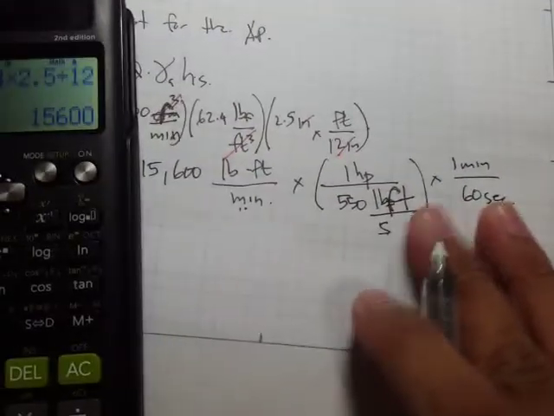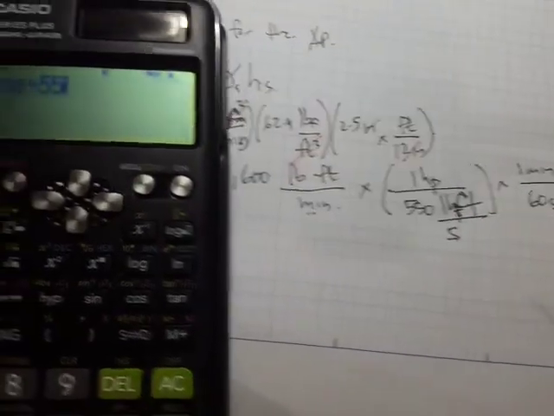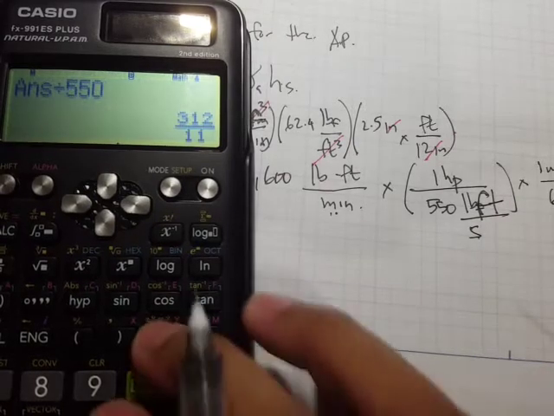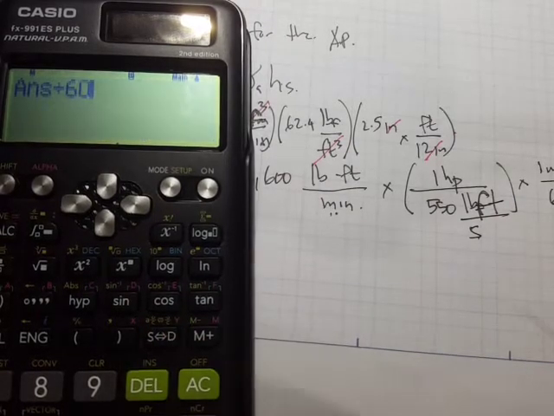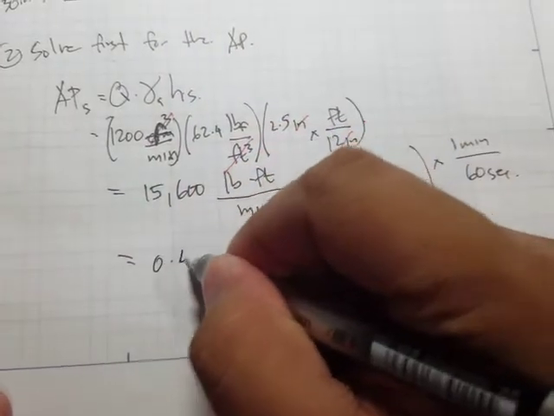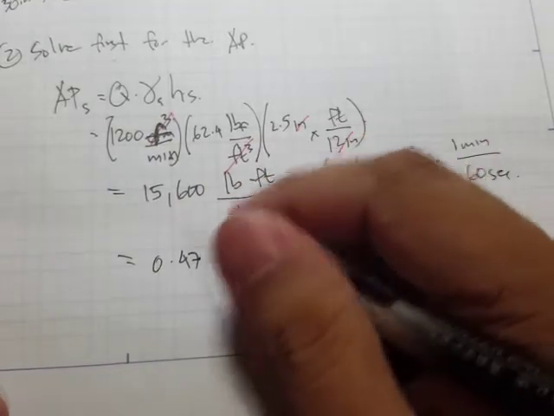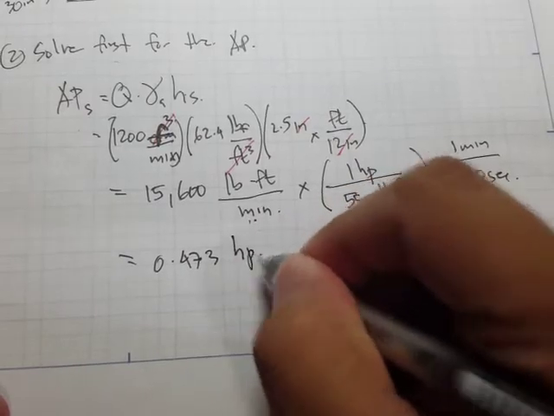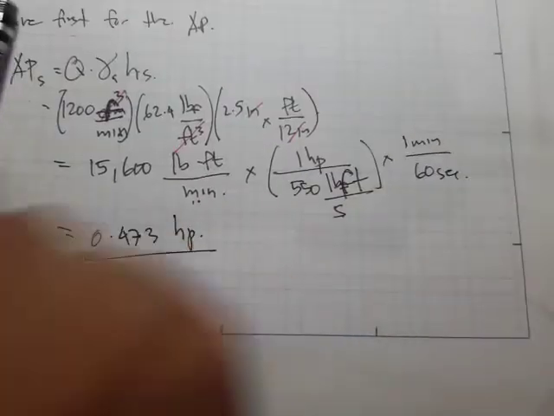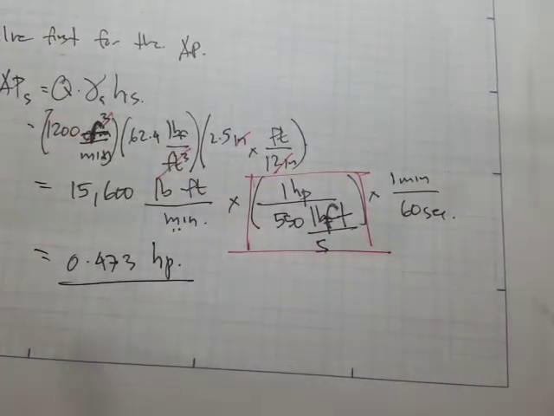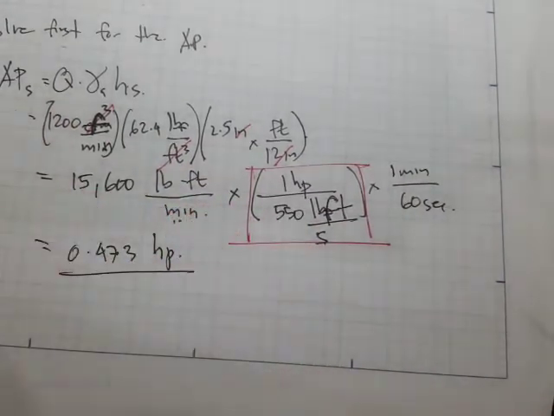Right, so this is 15,600 divided by 550 divided by 60. This is 0.473 HP. Okay, so again, just take note of this conversion factor. Or let us write it here.